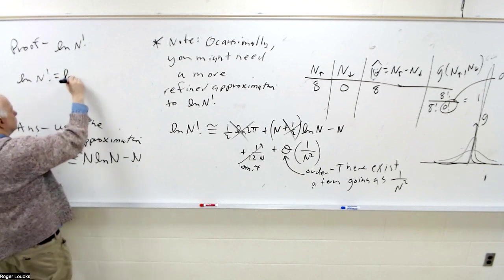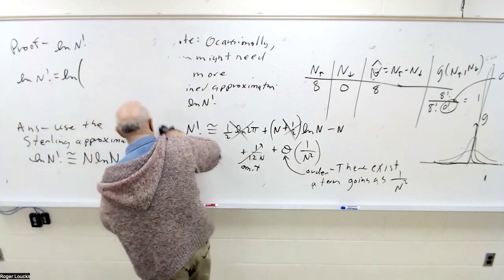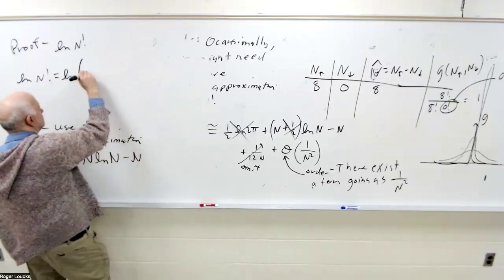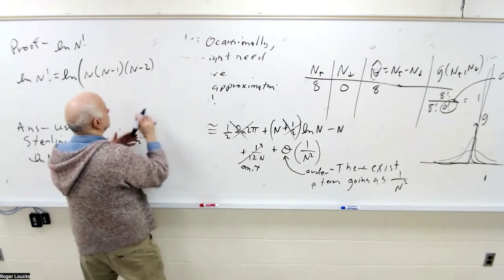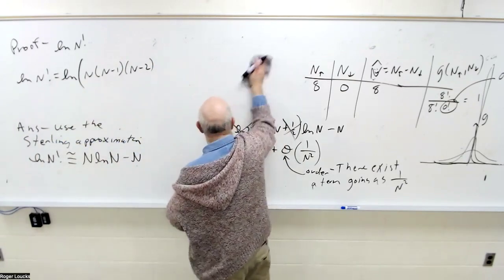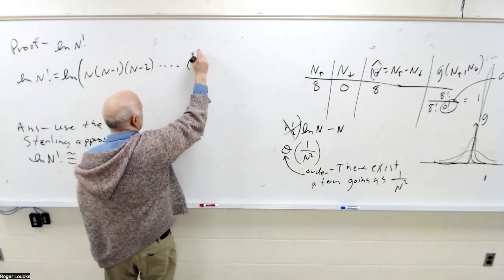The ln of, what's n factorial mean? It'd be n times n minus 1 times n minus 2 all the way down to 1.